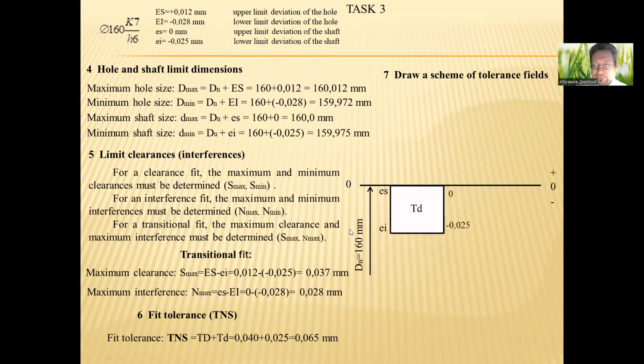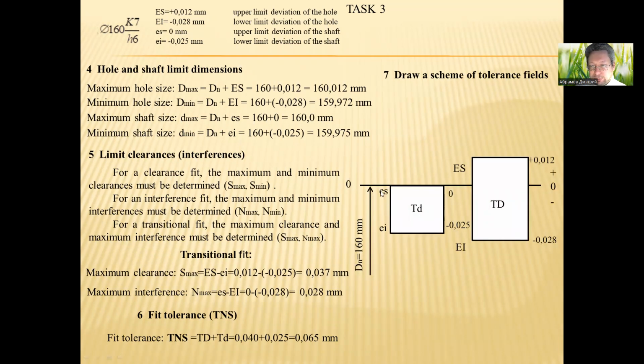Tolerance field of the hole, upper limit deviation 0, lower limit deviation minus 0.025 millimeters. Tolerance field of the shaft, excuse me. It's the fit in the shaft system.